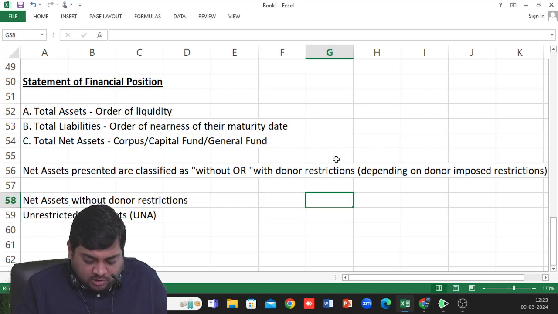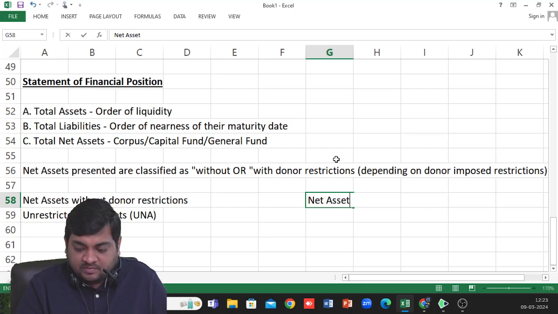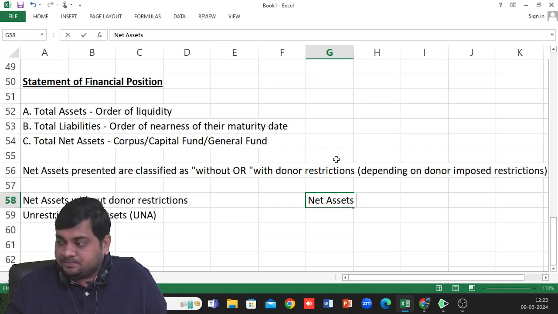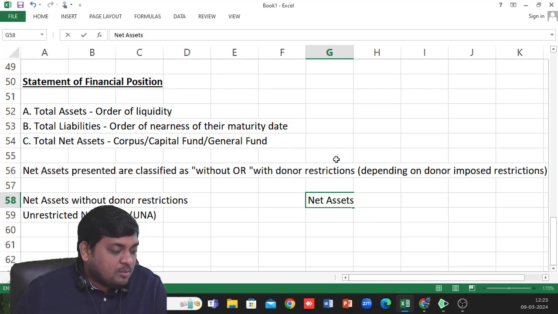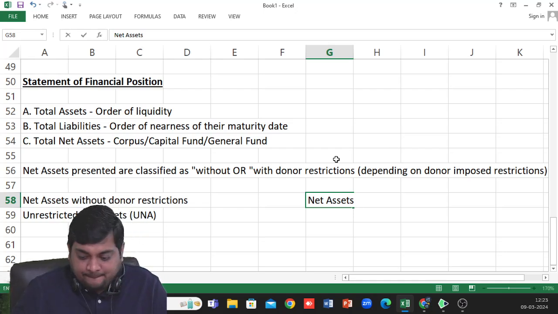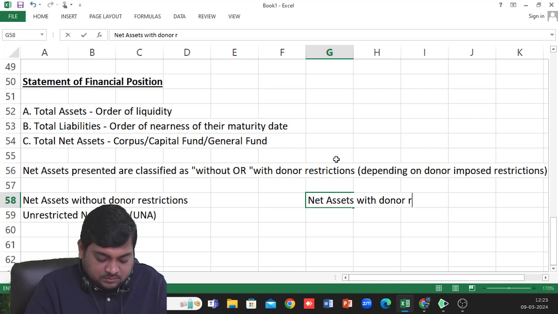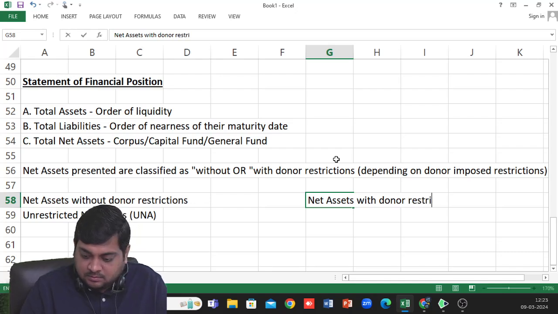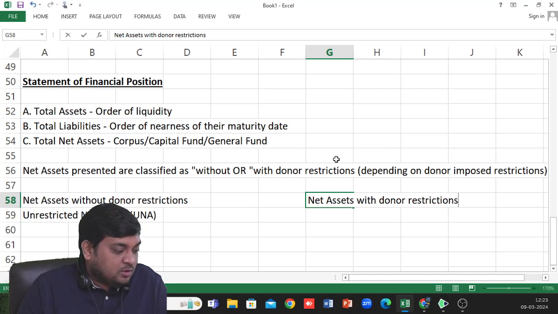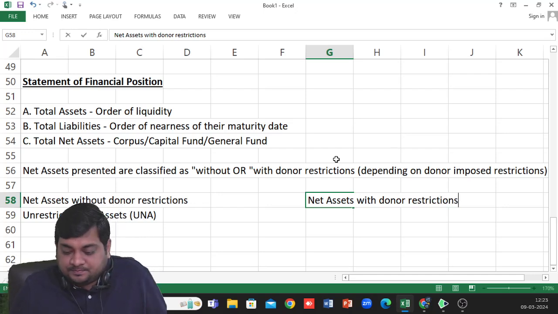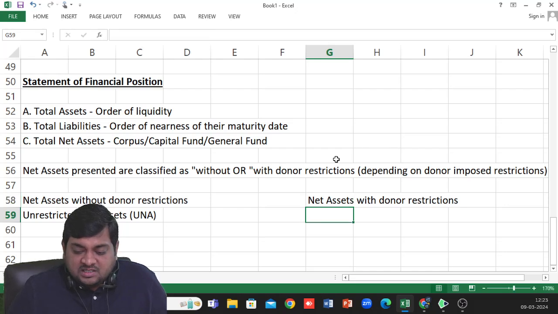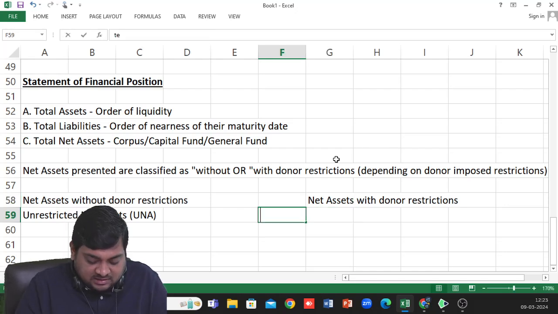Then we will talk about net assets with donor restrictions. In this, we have two categories.